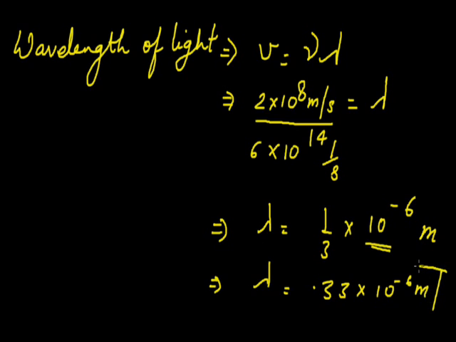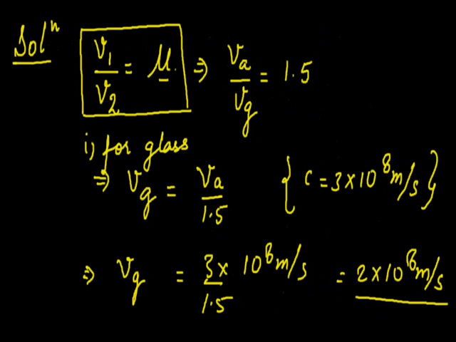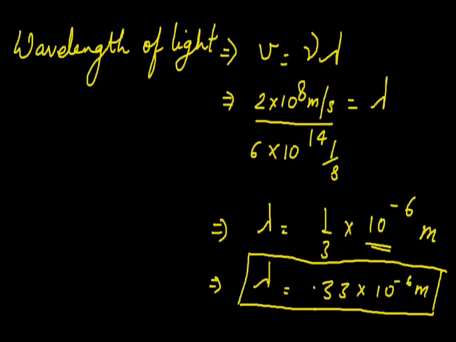So this is the value for the wavelength of the light wave in the medium glass. The first part of the question has been discussed, and we have got the wavelength as 0.33 into 10⁻⁶ meter, while the speed is 2 into 10⁸ meter per second.